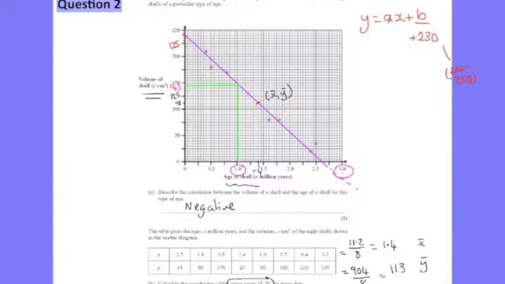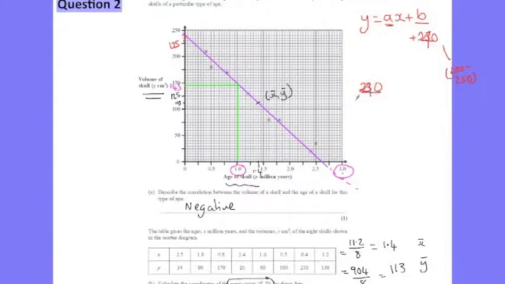Okay, to find a, we're looking at the gradient, the difference in y divided by the difference in x. Now on this particular line of best fit that's been drawn, my difference in y using the large triangle is 240.